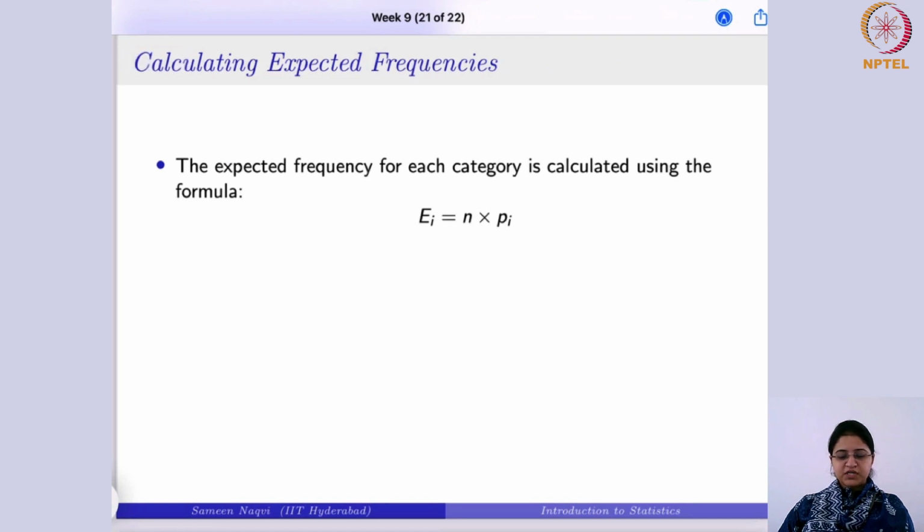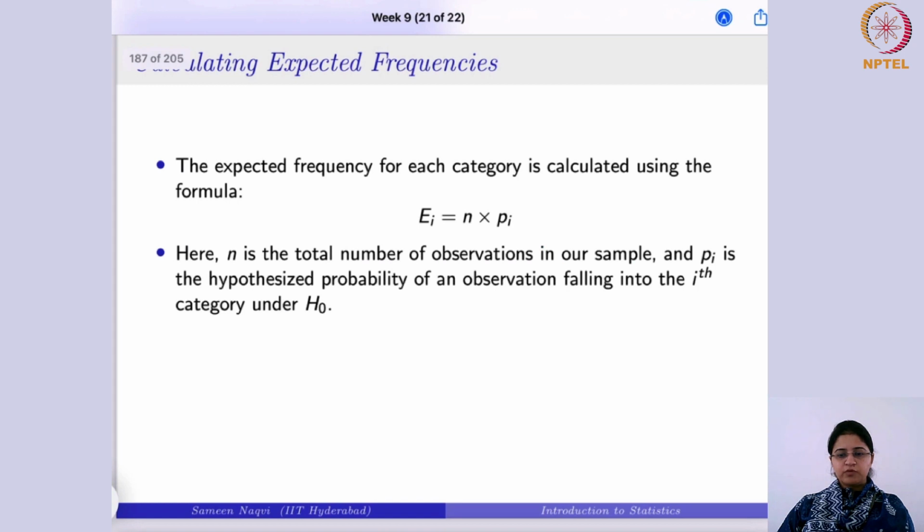What will be your expected value over here? Expected value in this case is E_i equals n times p_i. So this is the way you calculate your expected frequency for each category. n is the total number of observations in the sample, and p_i is the hypothesized probability of an observation falling into the ith category, right?